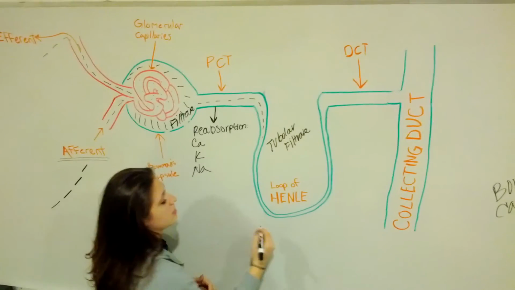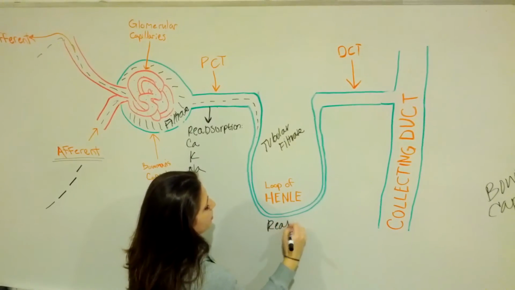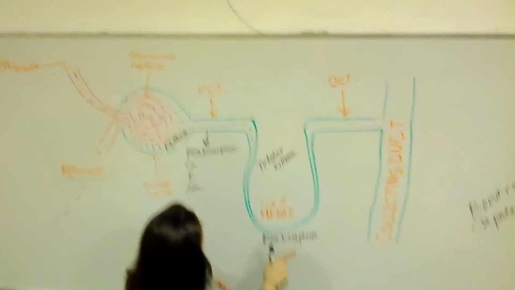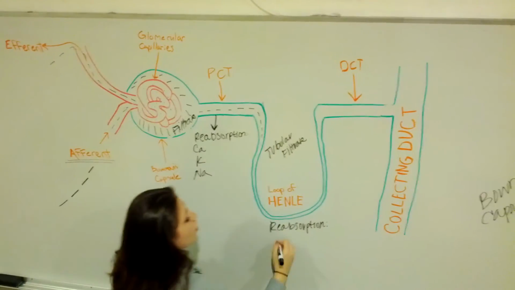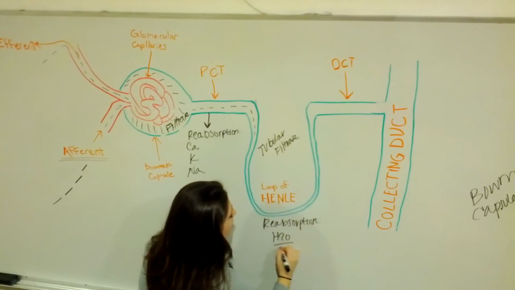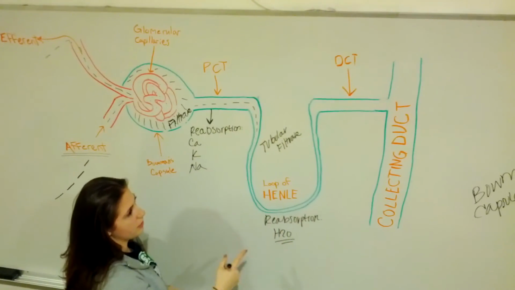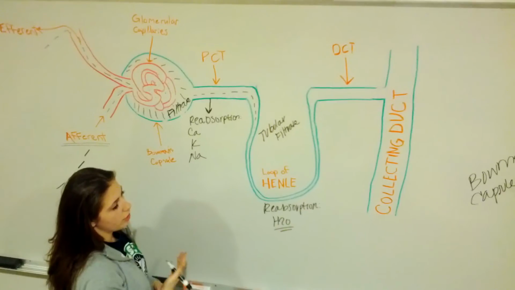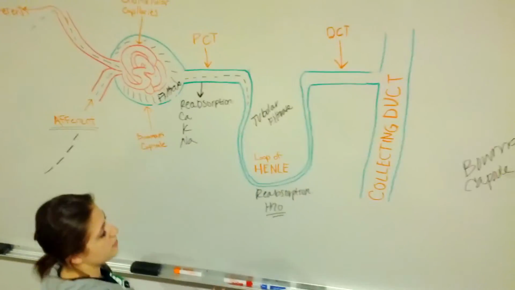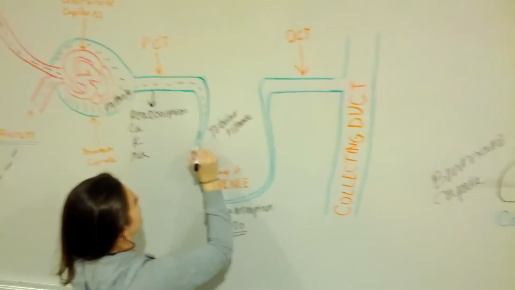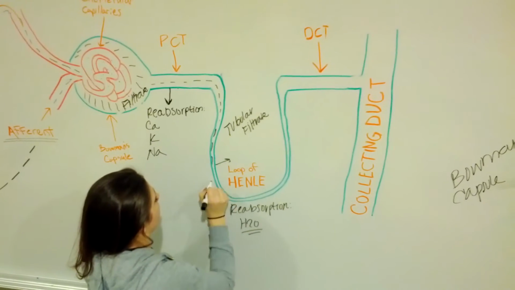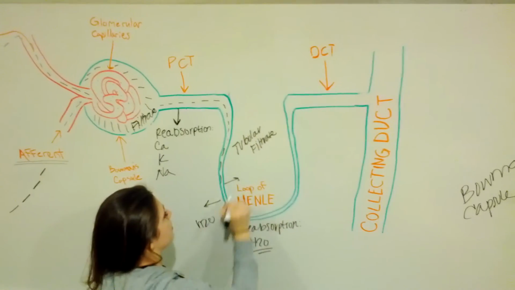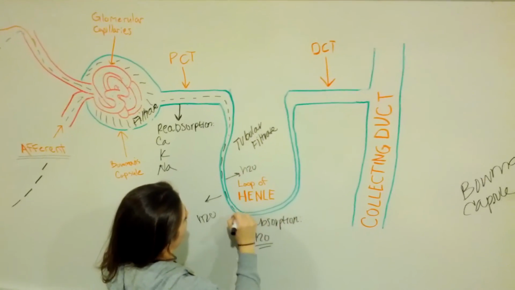The purpose of this is continued reabsorption, except what's different between this reabsorption and this reabsorption is that water ions are being reabsorbed in the loop of Henle because our body needs all of the excess water that it can get. As we carry on, water is being reabsorbed back into the body through the loop of Henle.